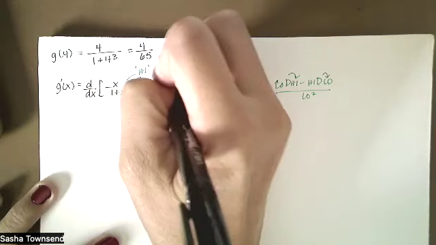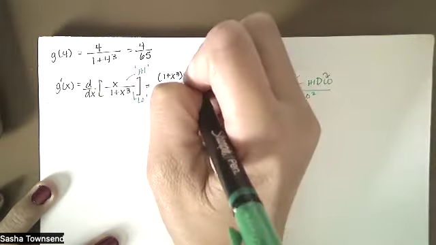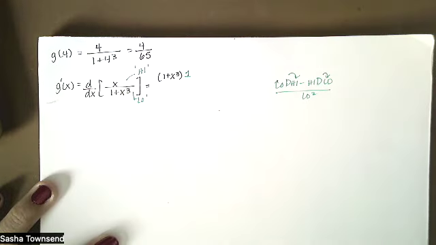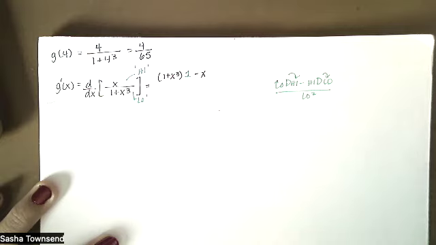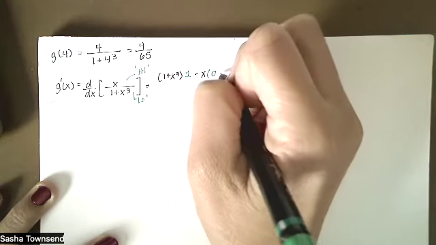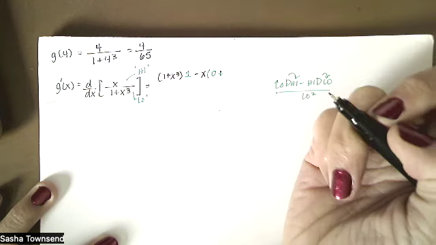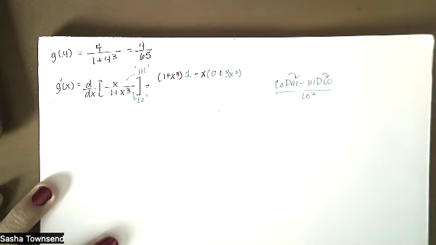We've got low, d high is derivative of x, which is 1, minus high, which is x, d low. The derivative of 1 plus x cubed is derivative of 1, which is 0, plus the derivative of x cubed, which is 3x squared.